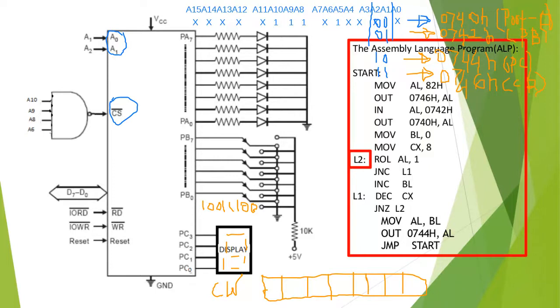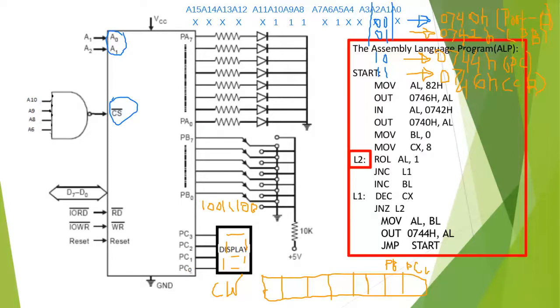Okay, so now if it is done, then find the control word. What is the control word actually? D0 is for port C lower, PC lower. Again I am writing PC lower. Next one is for port B. We are writing it again and again so that it easily sets in our mind.